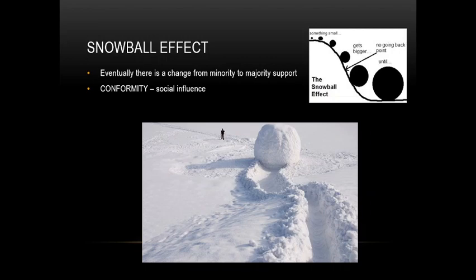Once enough people have joined the group, it gains momentum, they become the majority, and then the social influence process of conformity starts to happen. Those who haven't yet come on board now start to conform in terms of normative social influence, where they're just trying to be liked, they don't want to be the only person that thinks something different.